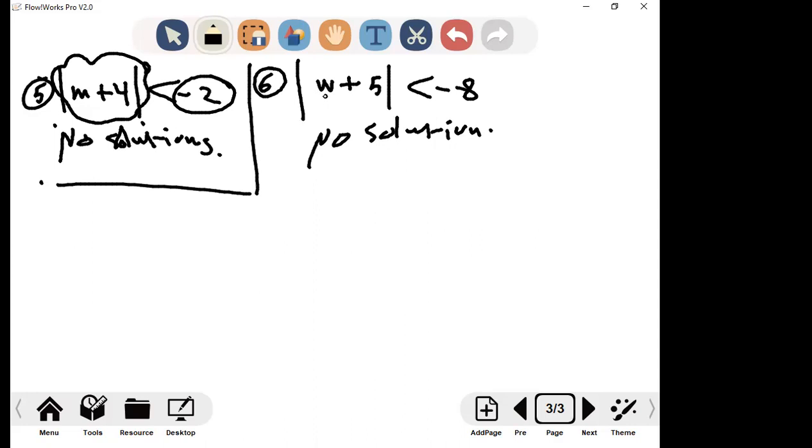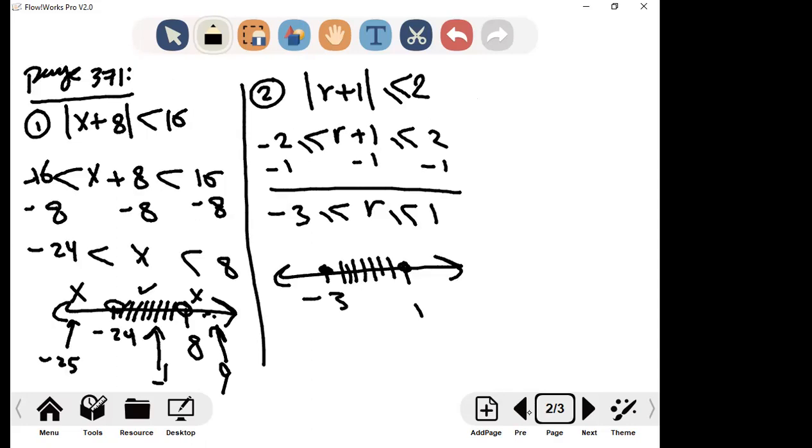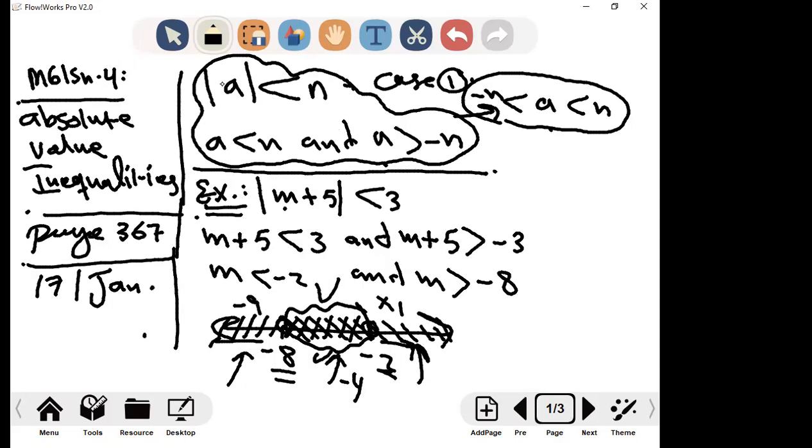Done. Now case number 2. Case number 1, if absolute value is less than a number, we take it like this one, or like this one, it's the same, and gives the same answer at the end. Done?